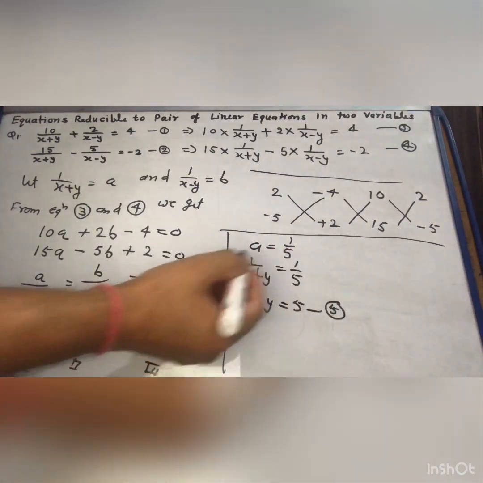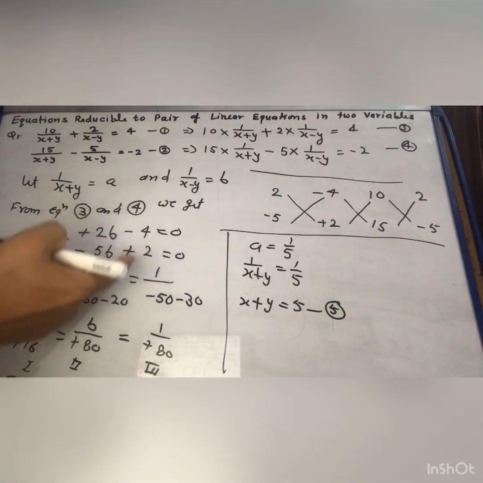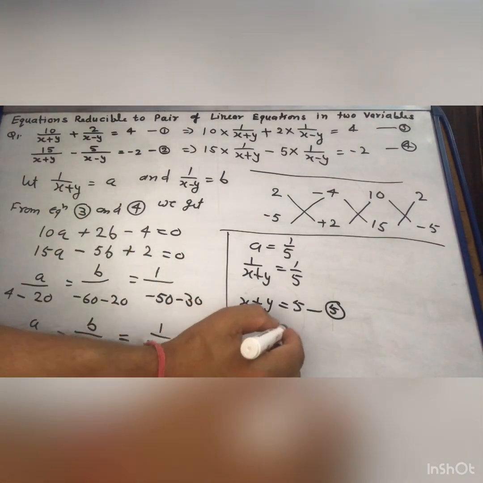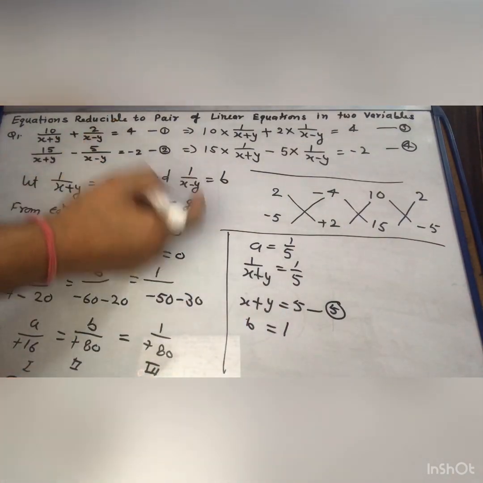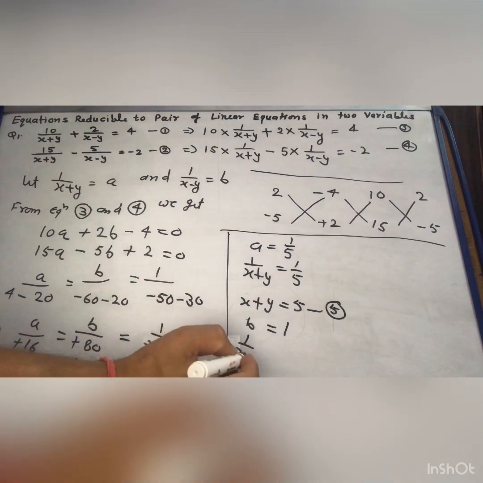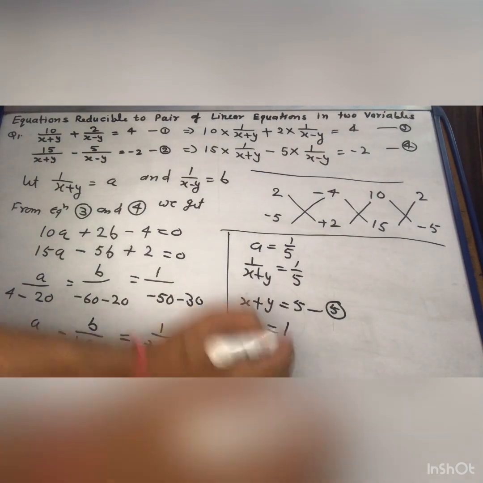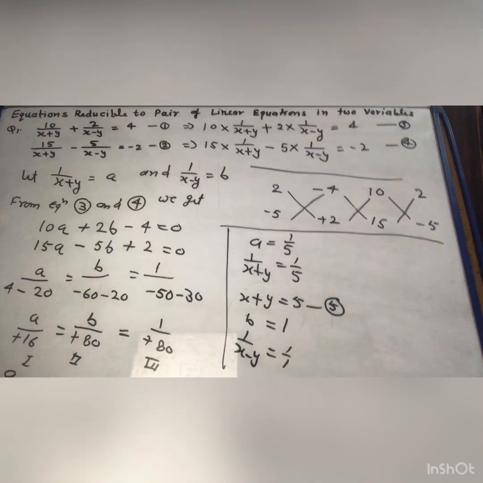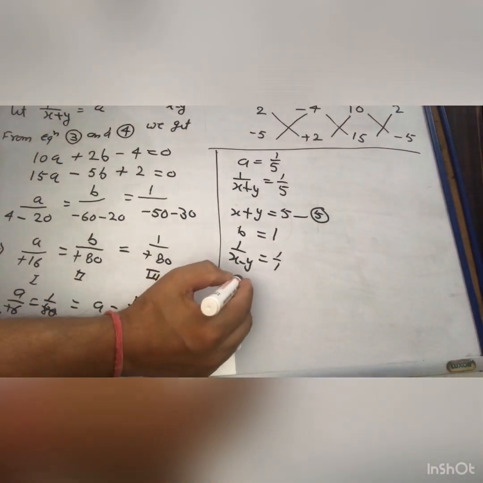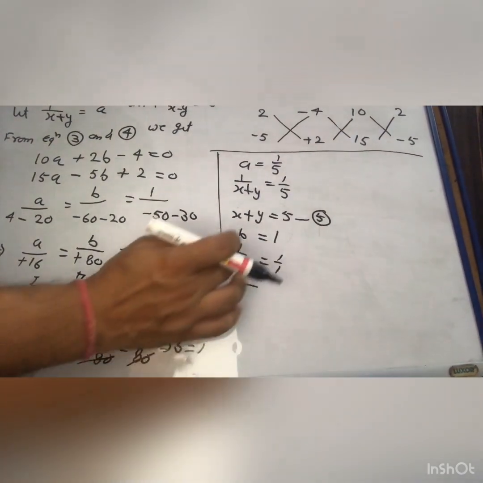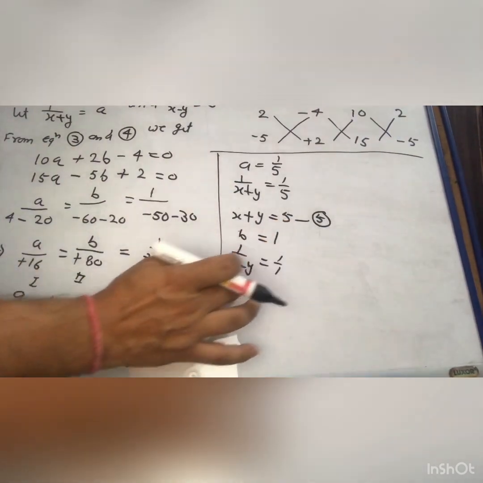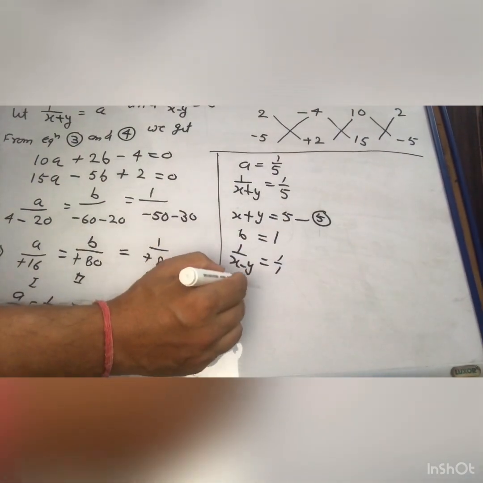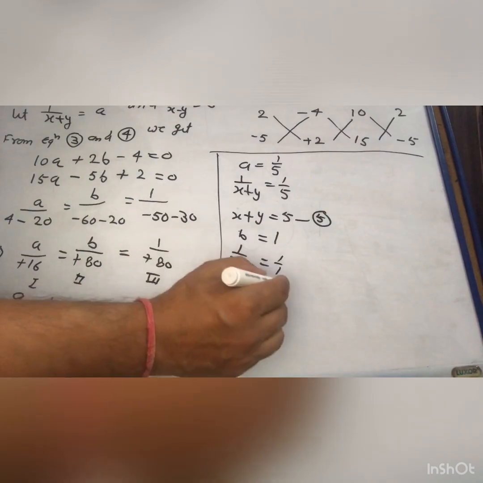Okay, and again the next one: B equal to 1, and the value of B is 1 upon x minus y, that is 1 upon x minus y equal to 1. So you cross multiply, and you get x minus y equal to 1.